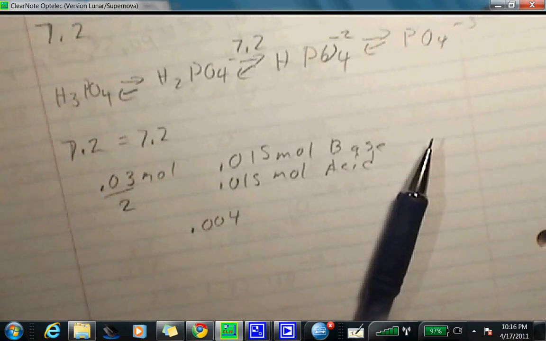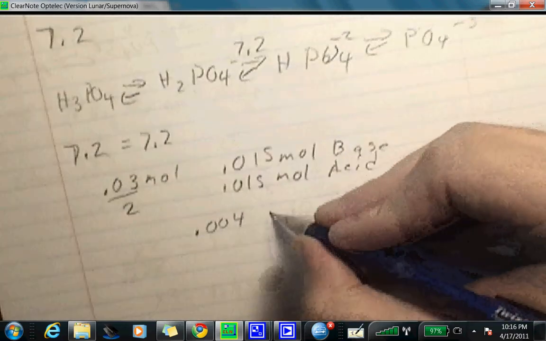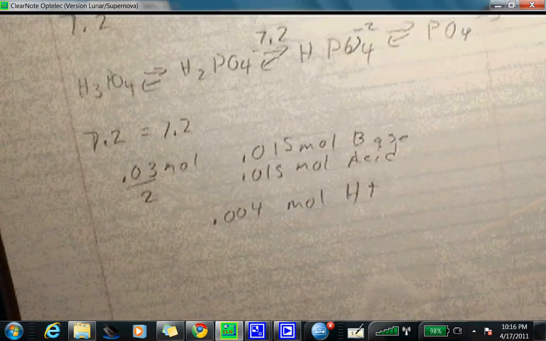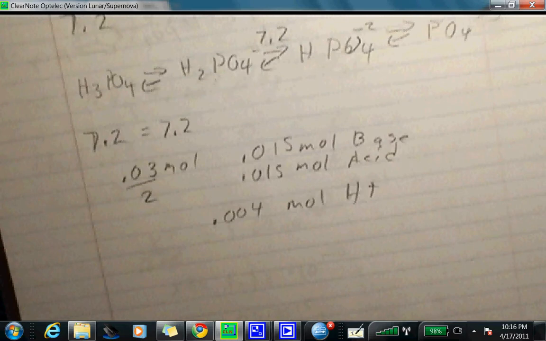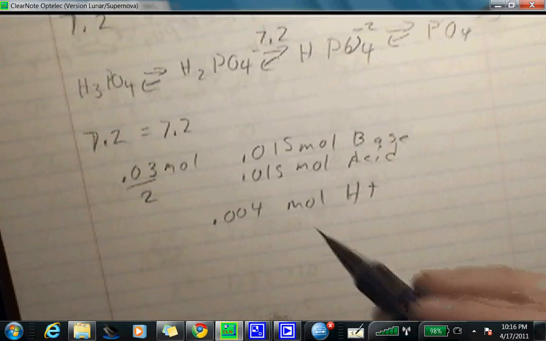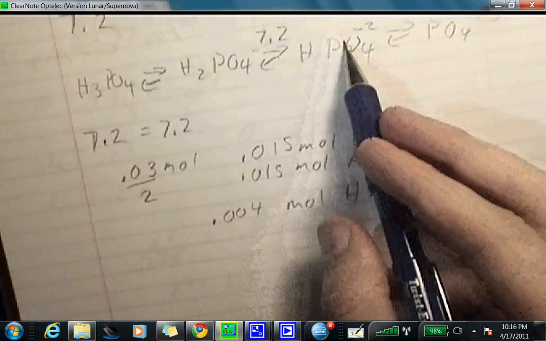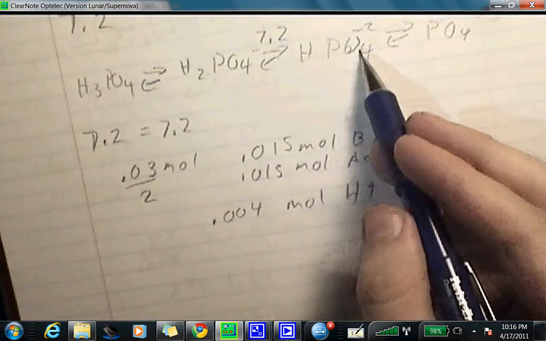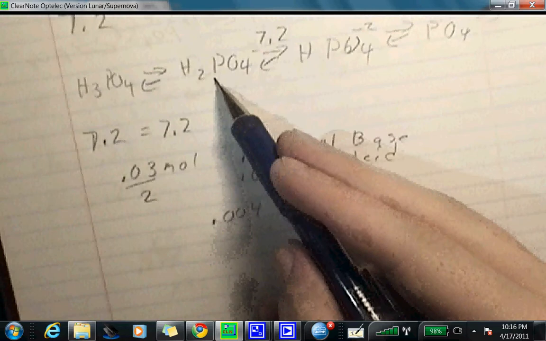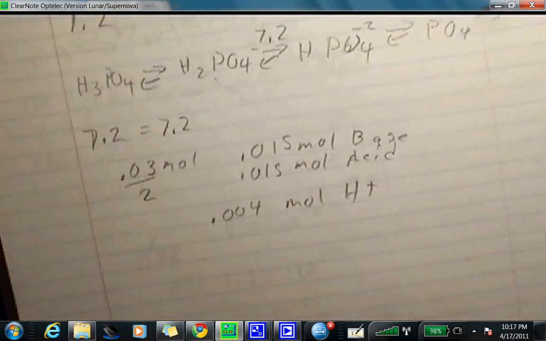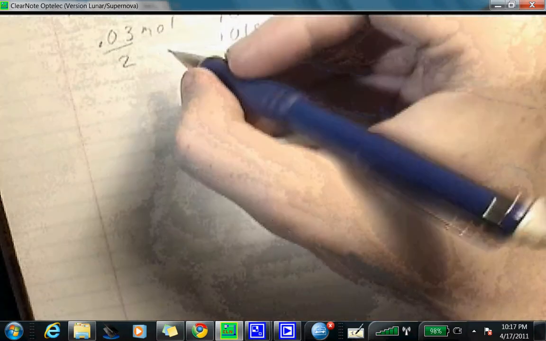Makes 0.004 moles of H plus. So what does that mean for us? That means 0.004 moles of our base right here is forced over here. So now we have a different equation here.